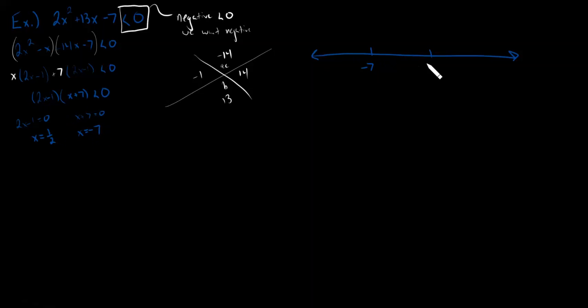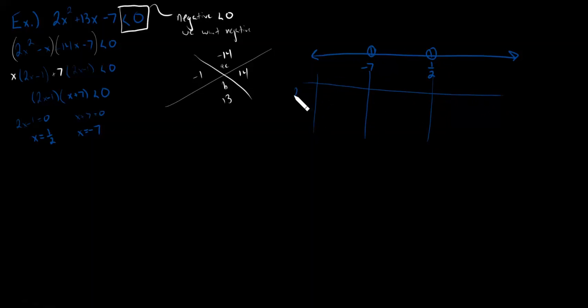So those are the numbers we put on our number line, and since this is not or equal to, we're going to hold those with open circles. Let me make those a little bit nicer. Open circles. Not much nicer, but whatever. Okay, now we have to go ahead and set up our sign table.